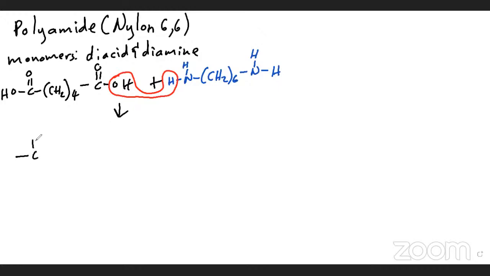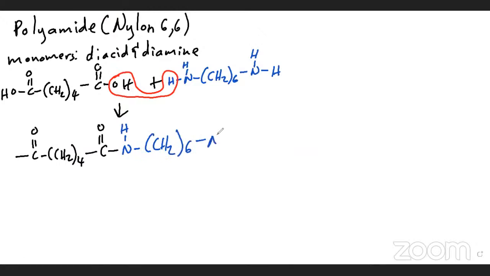So it is C double bond O, CH2 4 dash C double bond O, NH, CH2 6.